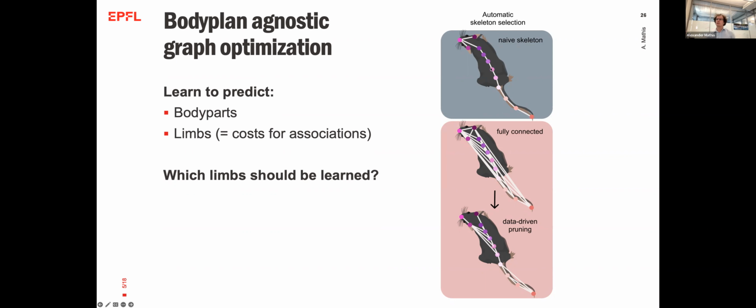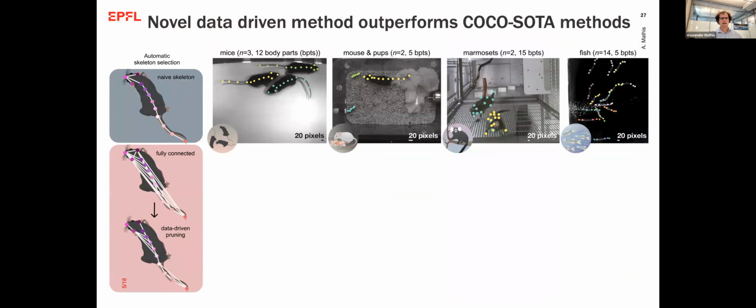So you want to have a connection that goes over these occluders. And this is really what happens with the data-driven algorithm. Down here, this is the optimal skeleton with the same number of edges as the naive one, but it assembles much more accurately. And this is what we can see in the next slide.